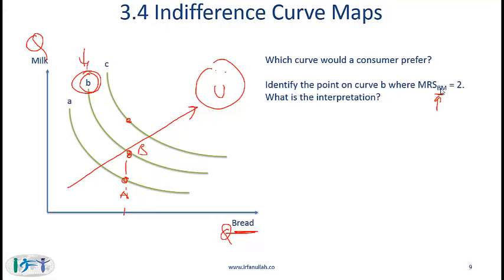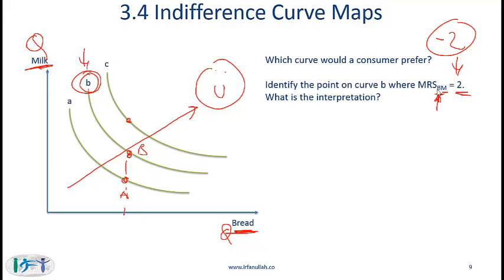So on your exam question or in your practice questions, when you see a marginal rate of substitution, the first subscript is the x-axis, the second subscript is the y-axis. The second important point is that when we say 2, this, as I mentioned on the previous slide, is the absolute value of the slope, which means that since the slopes are all negative, the actual slope is -2. So we are looking for the point where the slope is -2.